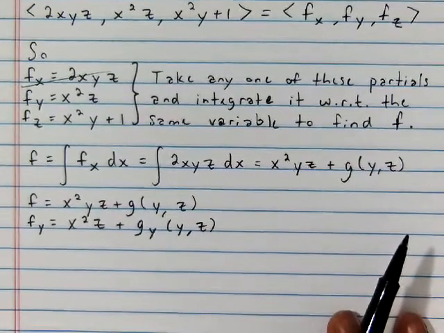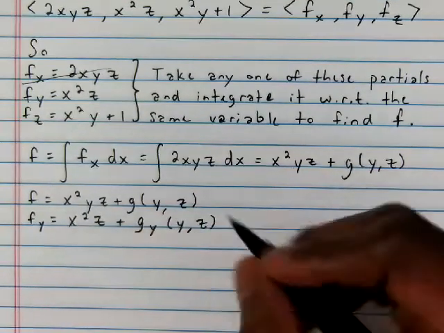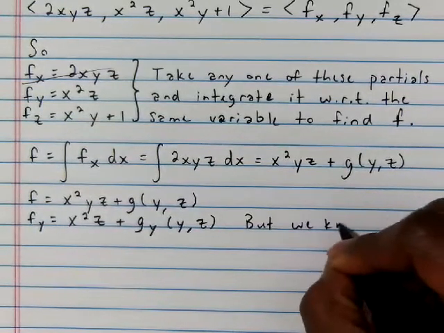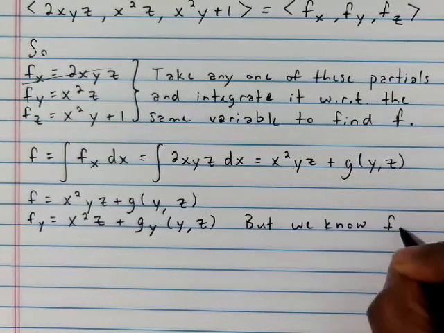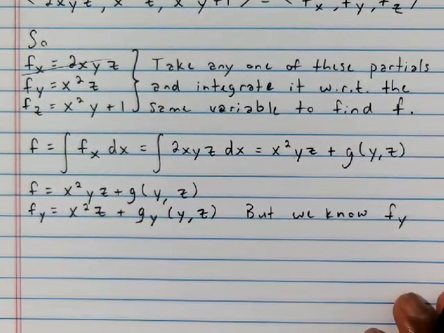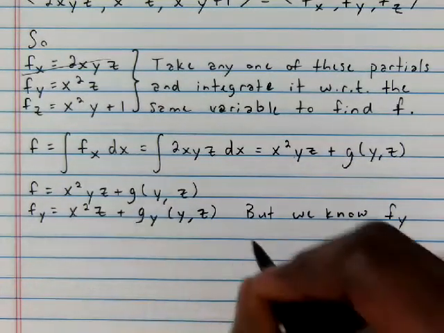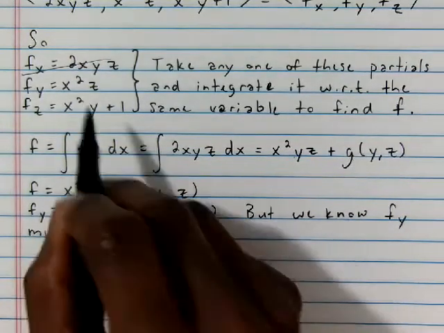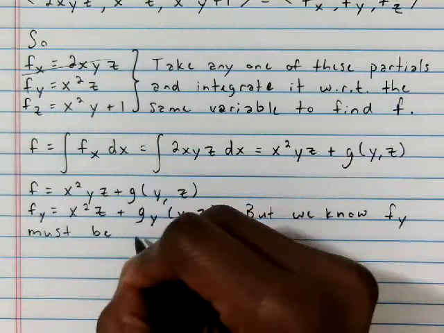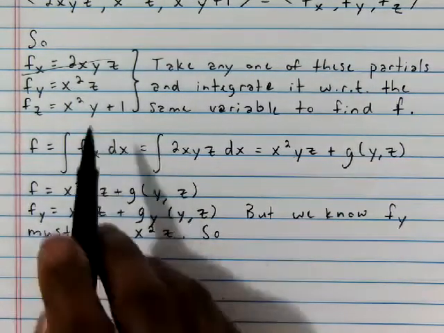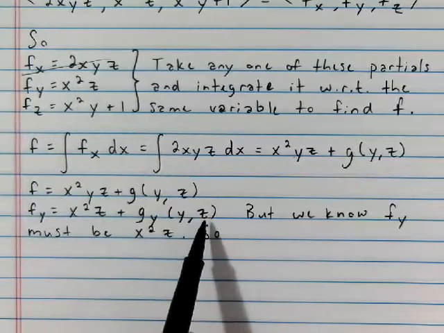So we know f sub y must be x squared z. So now we're going to set x squared z equal to this thing.